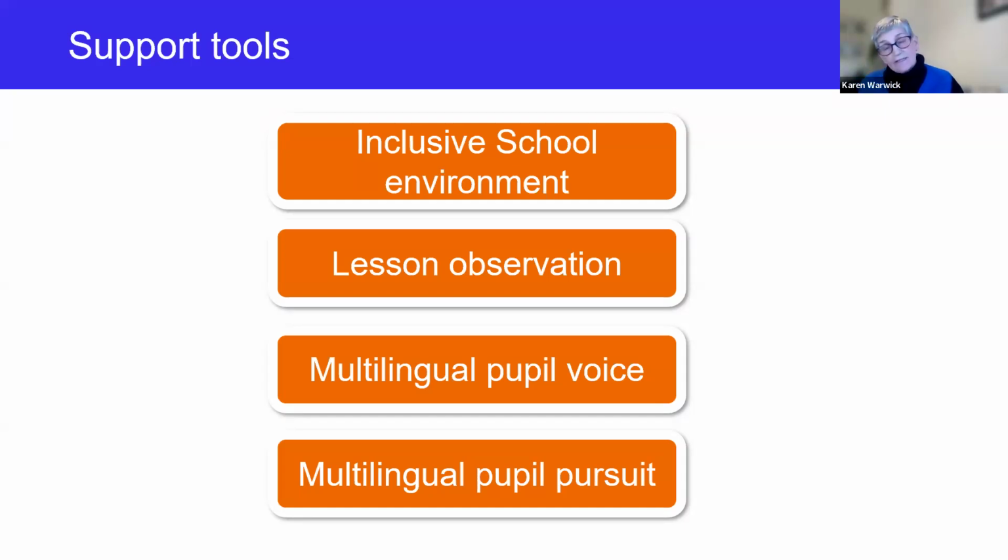And as Caroline said, a little bit later on, when we look at pupil voice and pupil pursuit, after I've navigated you around the forms, I'll go through what Zakia offered in his work with multilingual learners and families. So that's the process for this next session.